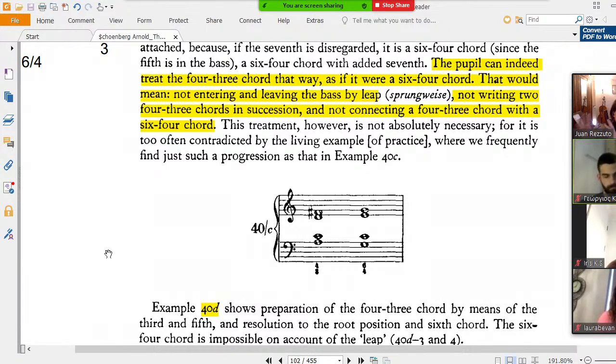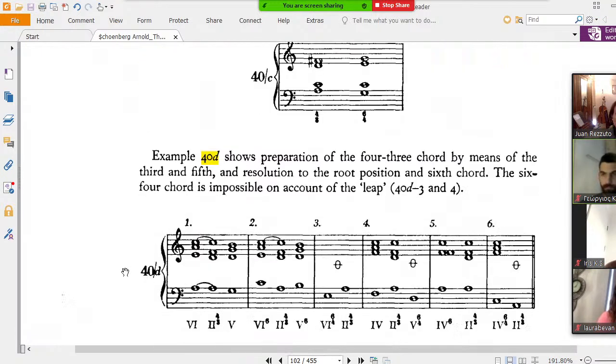For example, when Bach finishes a phrase in one chord, and then the next phrase, all the voices move. That would be absolutely forbidden within a phrase. But as you're beginning something else, another section, you're not breaking the rules of harmony. So those kind of things.